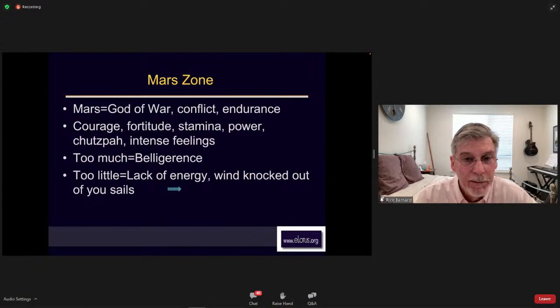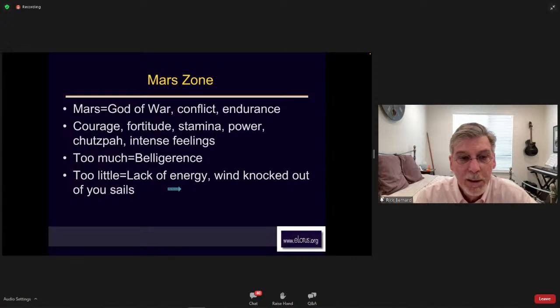So a lot of psychological therapies teach you how to mobilize your anger and get you moving, as opposed to being stuck in fear and frozen. So anger can be a good thing. Too much can cause belligerence, obviously. There's an anger line in the hand we'll show you later, and it all starts from this Mars zone.